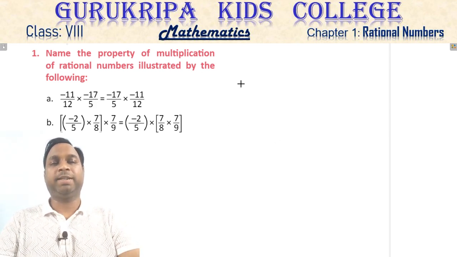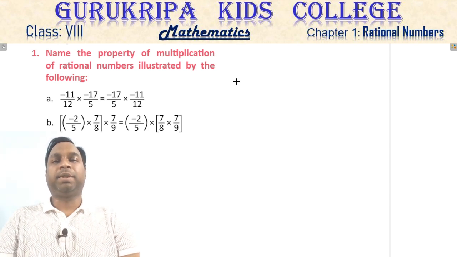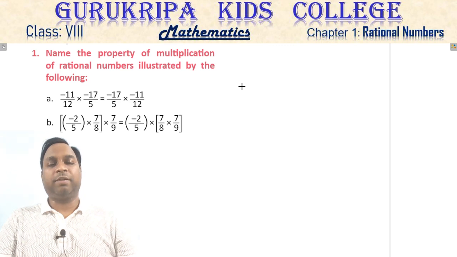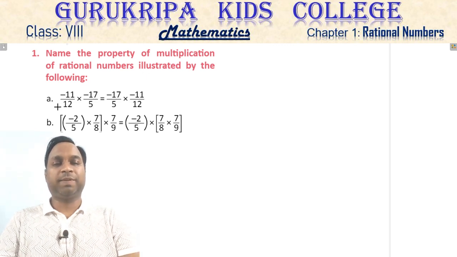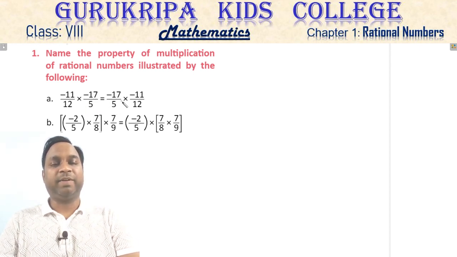The question number 1 is, name the property of multiplication of the rational numbers illustrated by the following. Now there are two questions over here. Question A. Minus 11 by 12 into minus 17 by 5 is equal to minus 17 by 5 into minus 11 by 12.